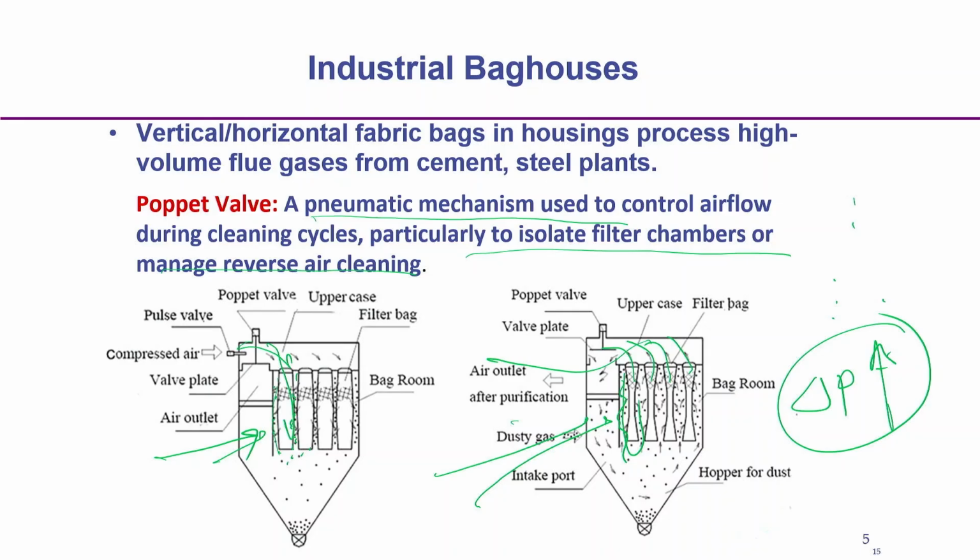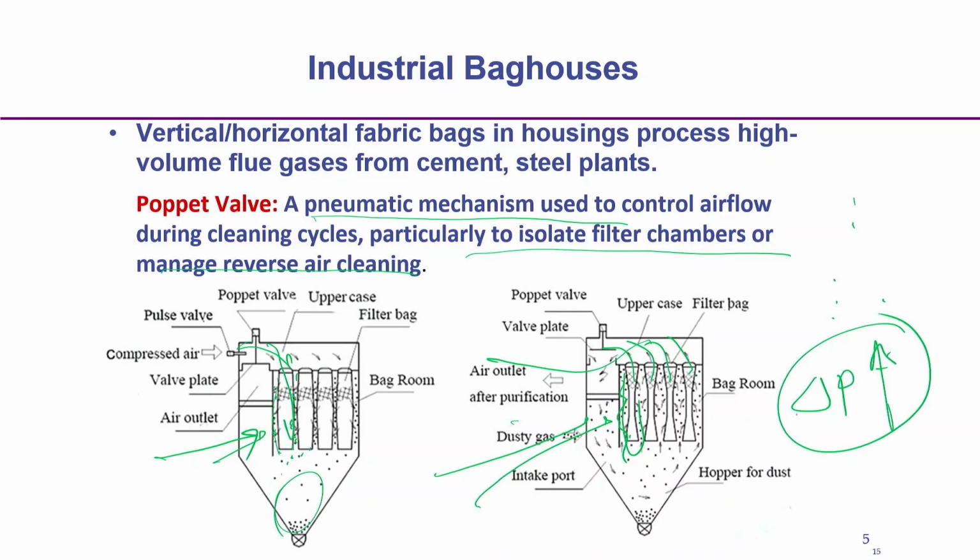So, individual bags are there, and a bag house is made of a large number of bags. So, in all the bags the compressed air is blown, which will shake the bag, and the particles will dislodge and will be collected centrally.